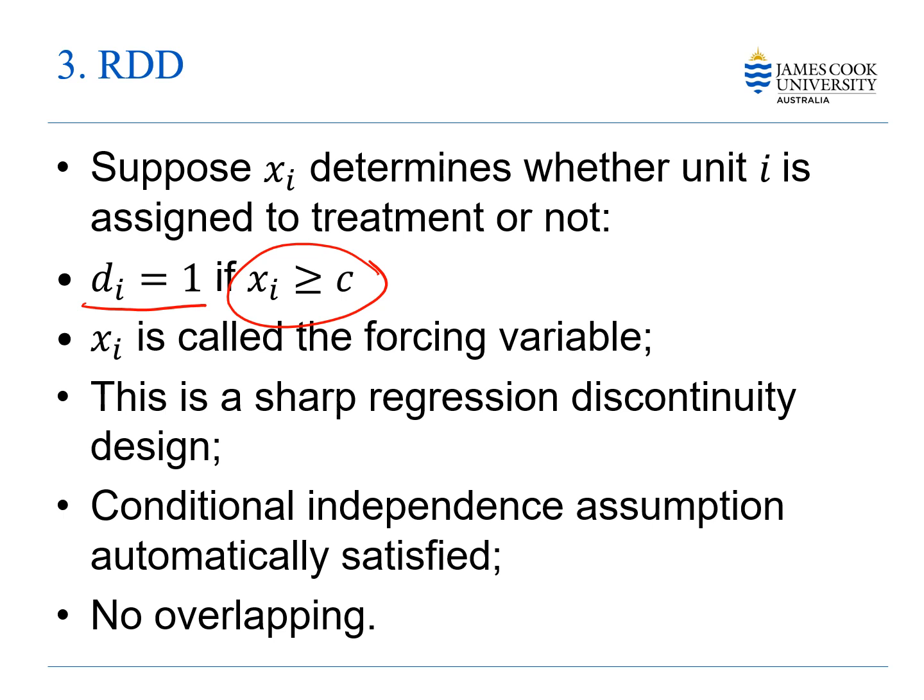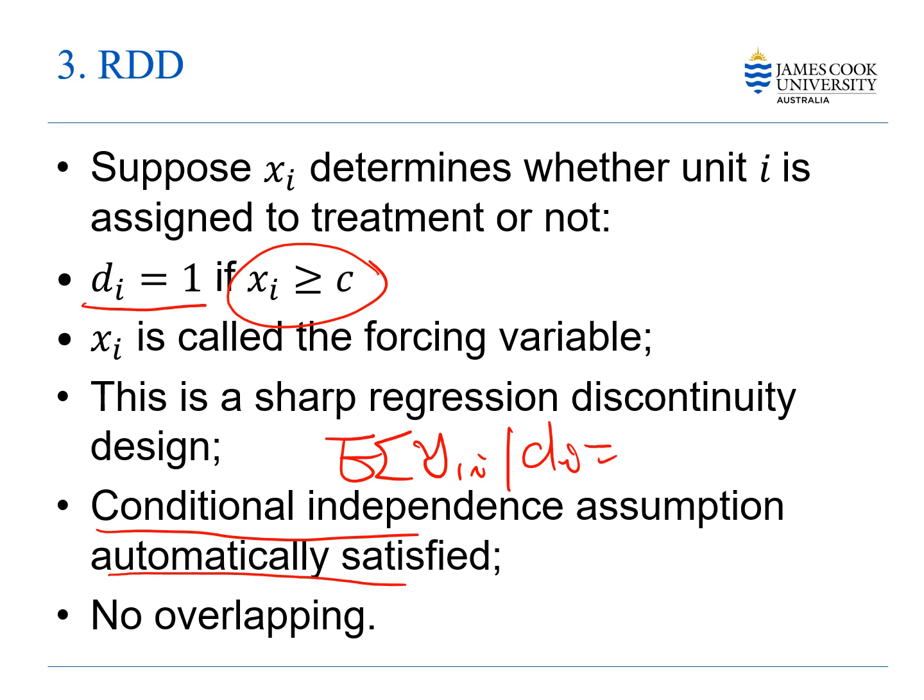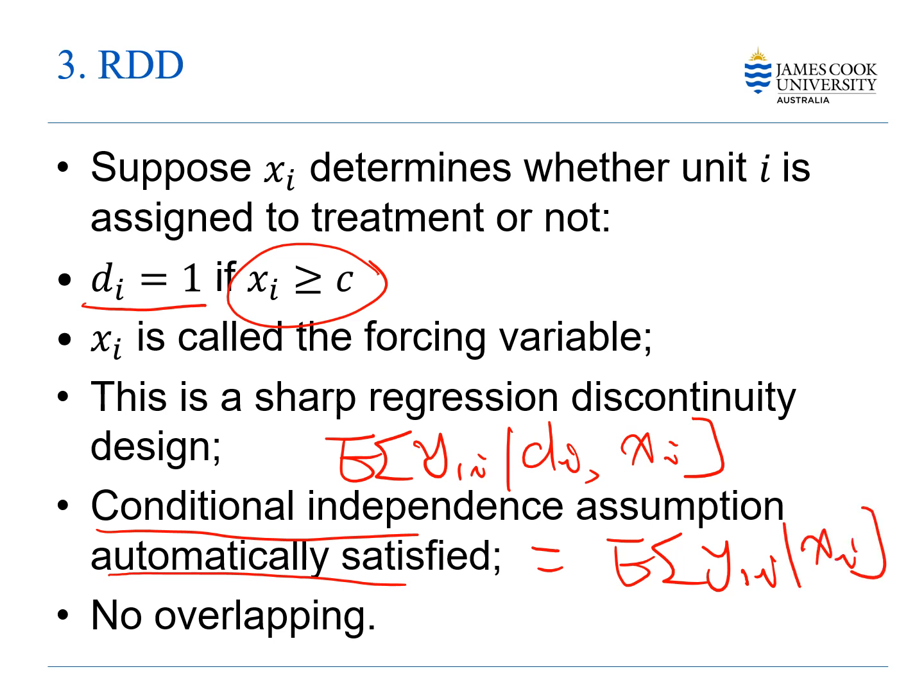We want to note that here the conditional independence assumption is automatically satisfied. The potential outcome Y_1i conditional on D_i and X_i will be exactly the same as Y_1i conditional on X_i, because D_i is itself a function of X_i, and similarly for Y_0i.